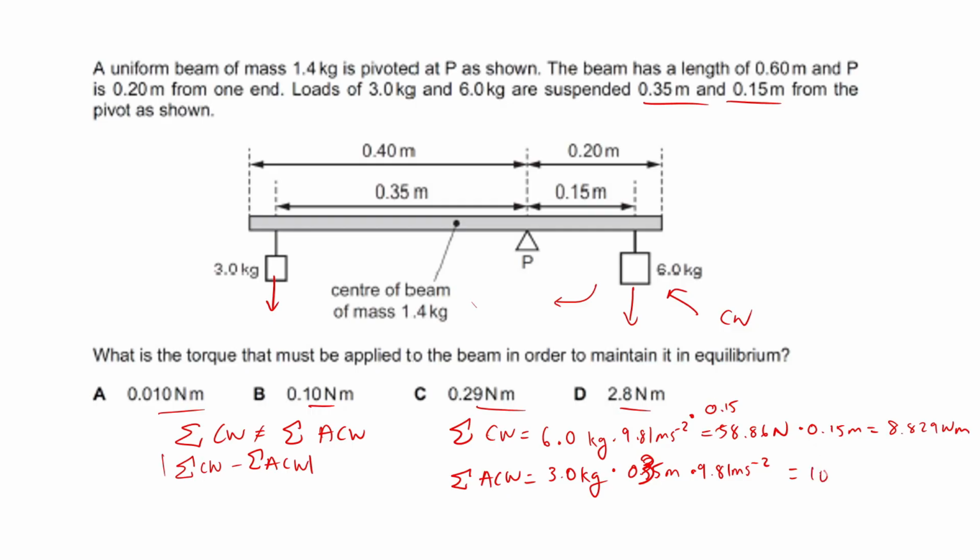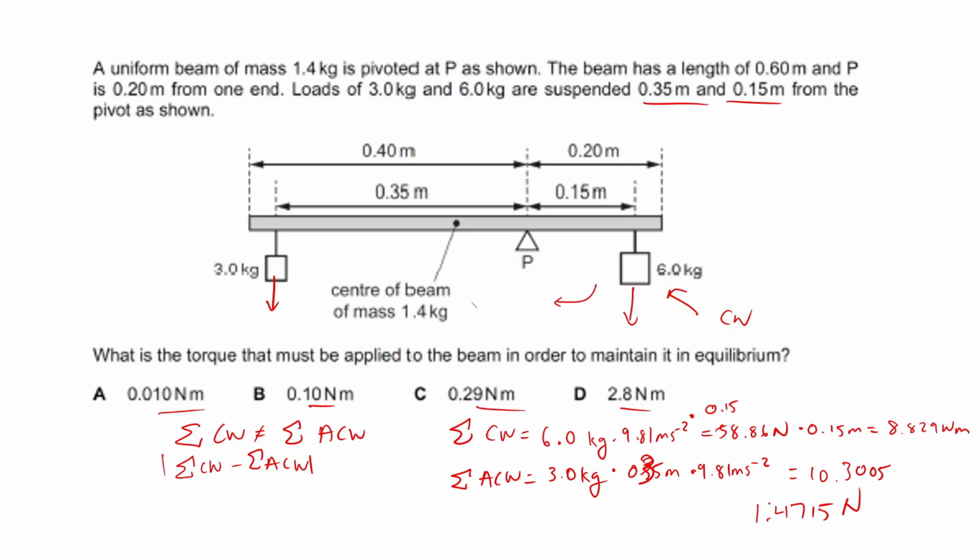And now this is 0.3005. And we take the positive difference of this. And it turns out that we get 1.4715, which is neither of these answers. Great. So it turns out we didn't get the answer.